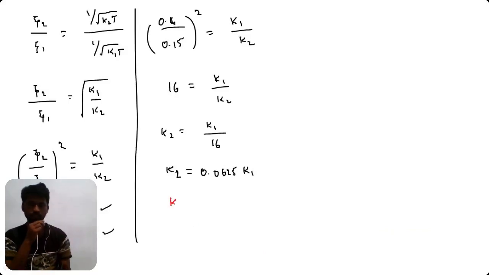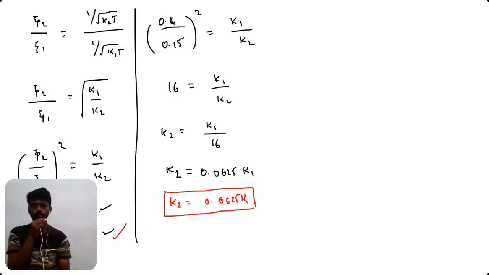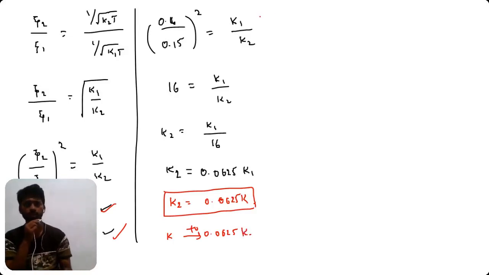Here K1 is nothing but K. So if you vary the damping ratio from 0.15 to 0.6, then the K value must be varied from K to 0.0625 times K. So this is the answer for the first question.